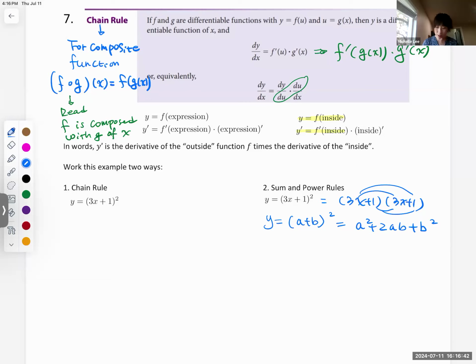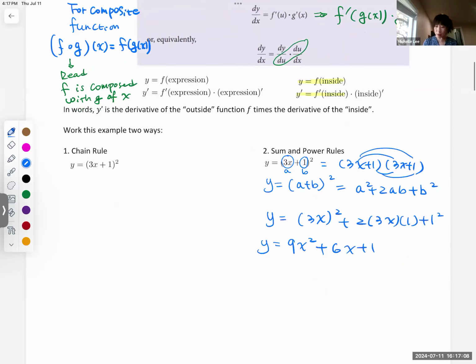So we have y equals 3x quantity squared plus 2 times a times b plus b squared. That will be 9x squared plus 6x plus 1, right? I told you last time, algebra is always easier than the derivative, right? So if we can do algebra first, let's do it.